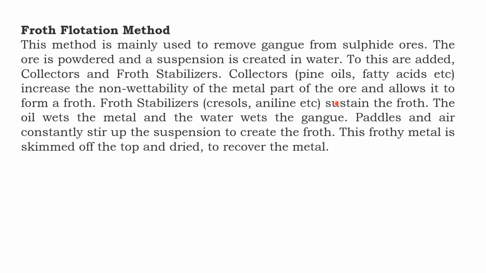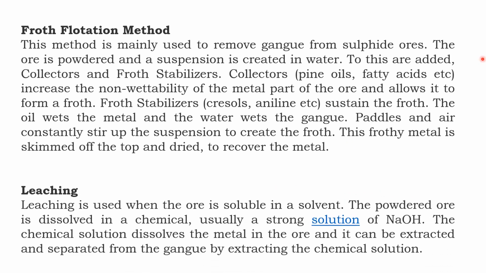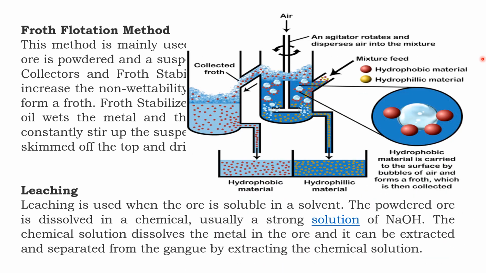Once the froth is formed, that froth is removed and dried so that we will get the metal particle. See the picture? Here we feed the ore particle, collectors and froth stabilizers.